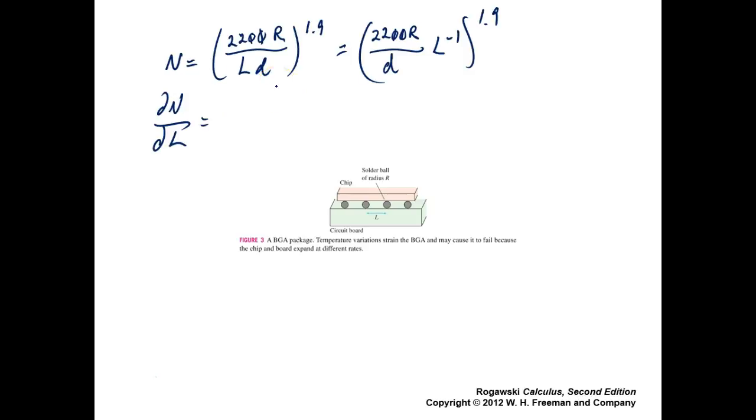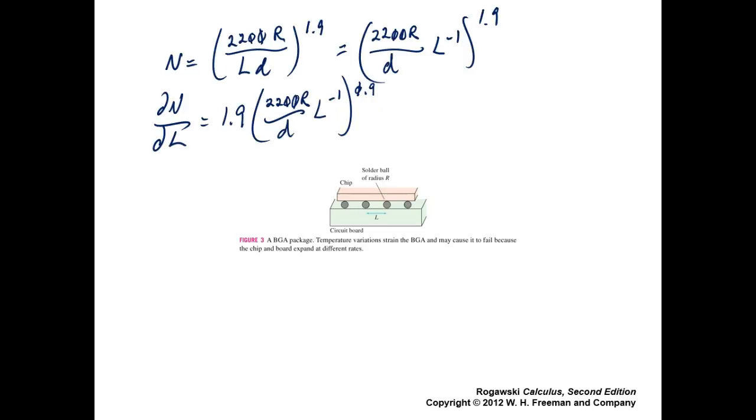The outer function, right? So that would be 1.9 times all this, 2200R over D, L to the minus 1, to the what? You subtract 1, which is 0.9, right?